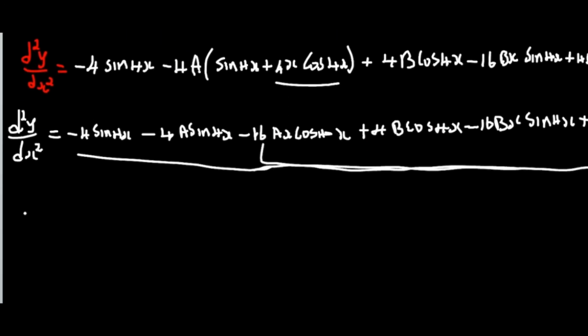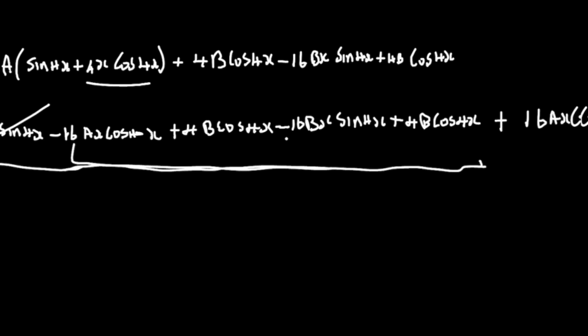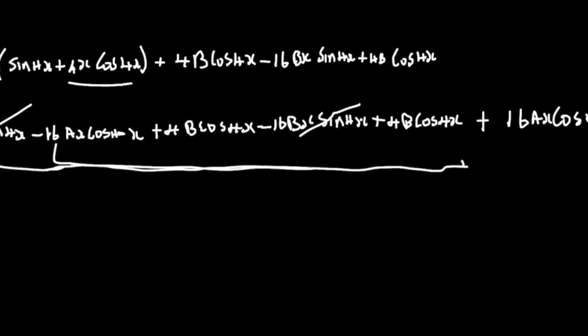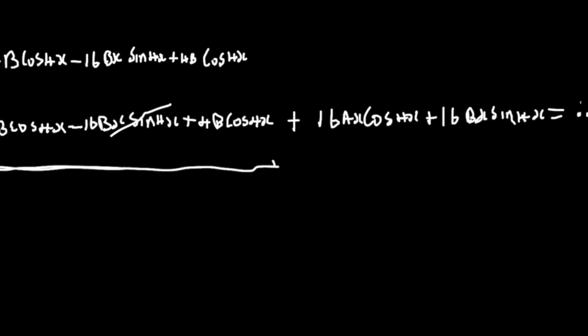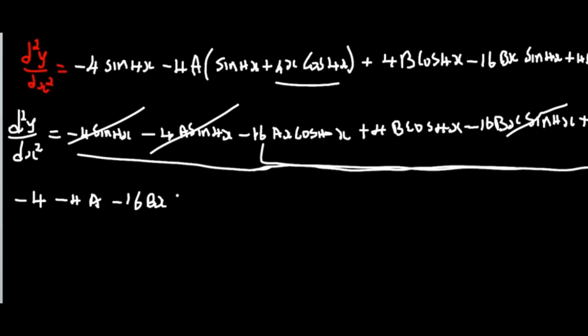So here let's bring all the terms in x. This one is in x, so minus 4a. And this is in sine, so minus 16bx, and plus 16bx sine 4x.